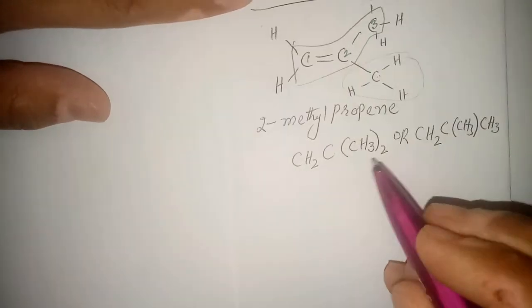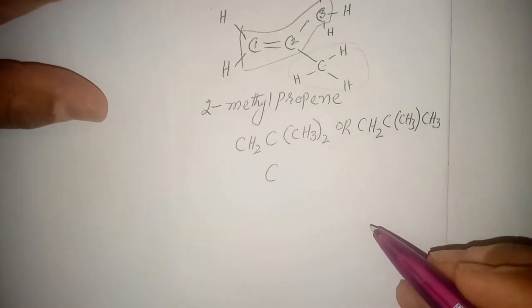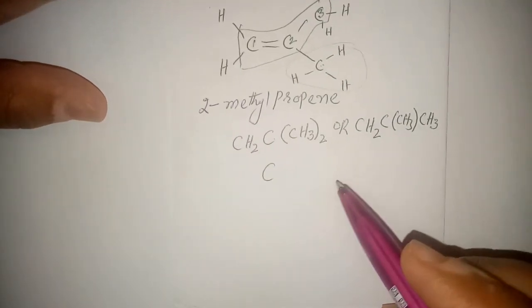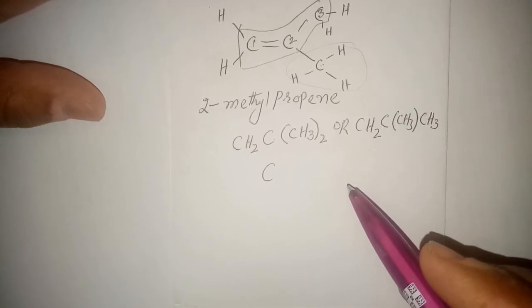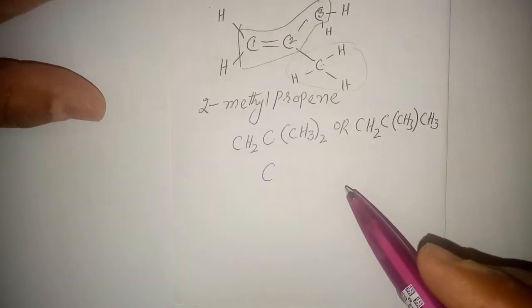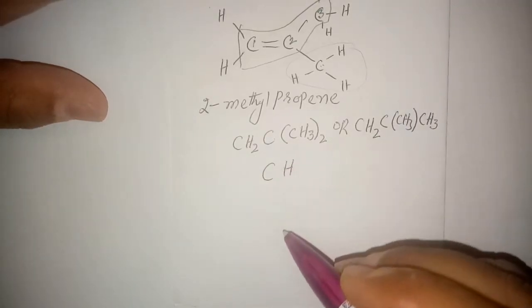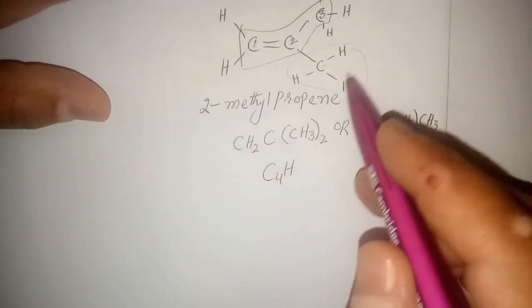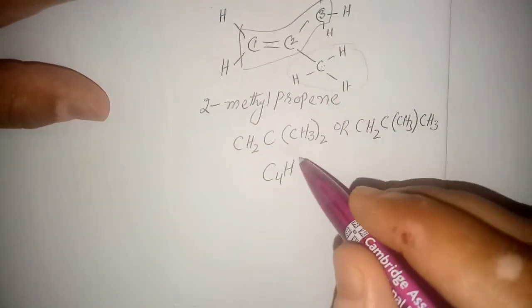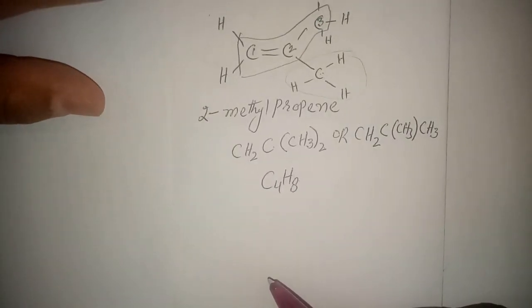Now proceeding towards the molecular formula. For the molecular formula we have to remember, we write each different type of atom collectively in total. So we have 2 different types of atoms, hydrogen and carbon. We have a total of 4 carbon atoms in this molecule, and a total of 8 hydrogen atoms in this molecule.